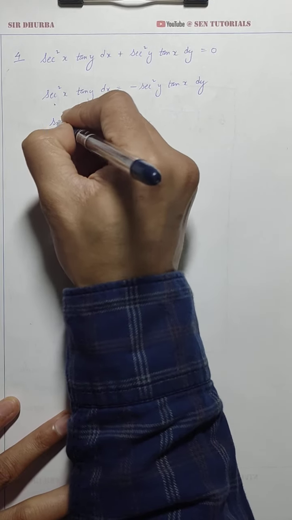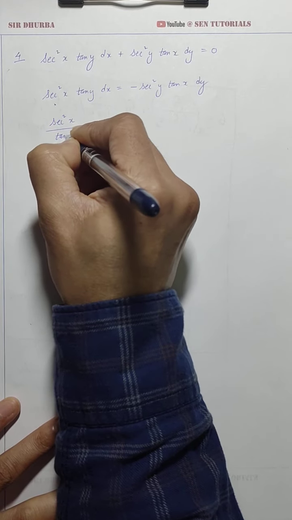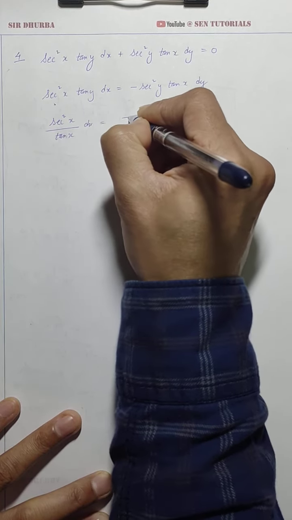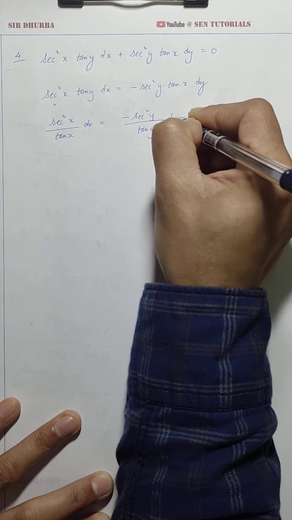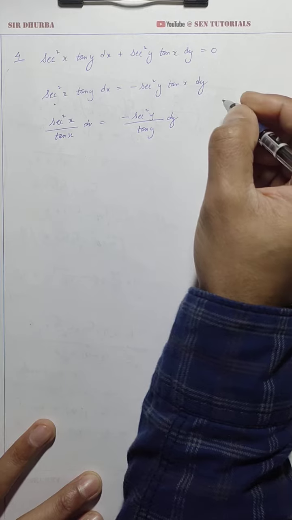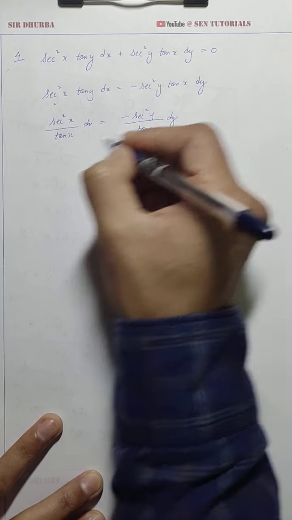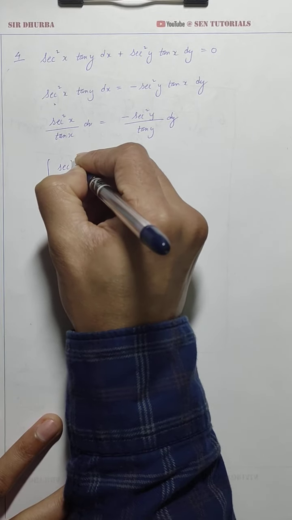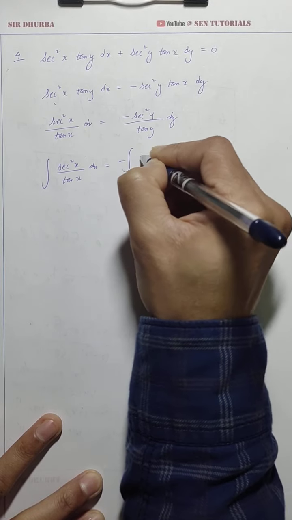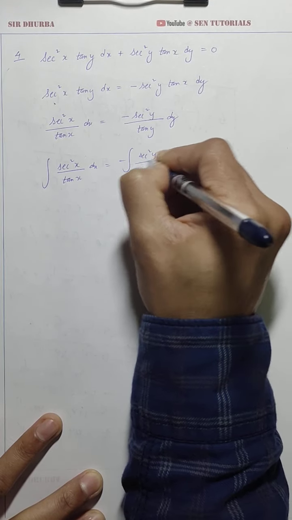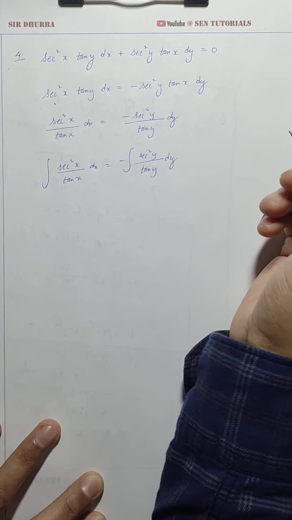So separating, that is going to be sec square x divided by tan x dx minus sec square y divided by tan y with respect to y. So now integrate, that is sec square x by tan x with respect to x equal to minus sec square y by tan y with respect to y.